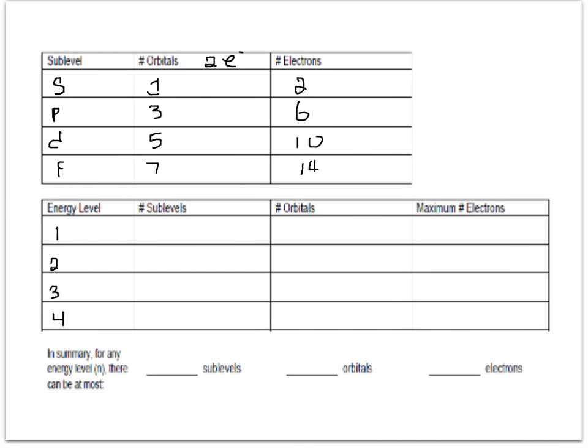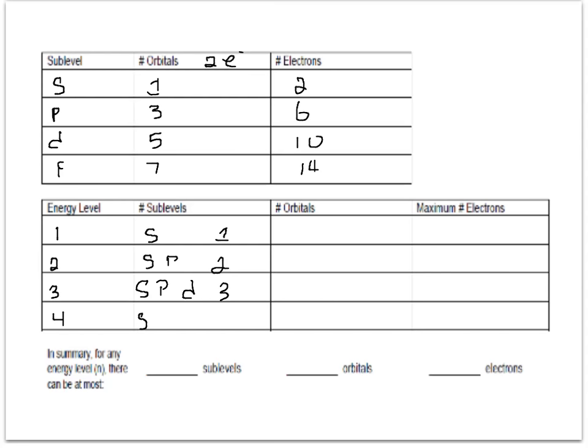In the first energy level, we only have the S, so we have 1 sublevel. In the second energy level, we have S and the P, so we have 2. In the third, we have the S, the P, and the D, so we have 3.